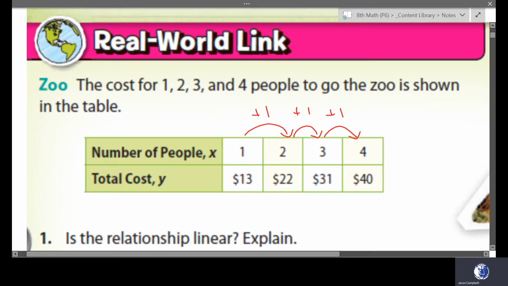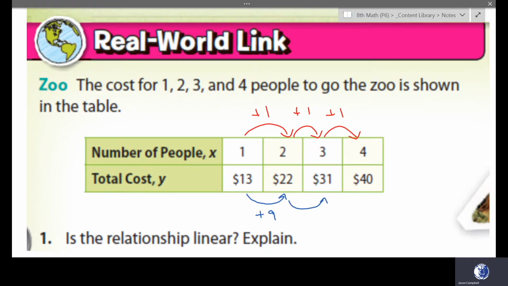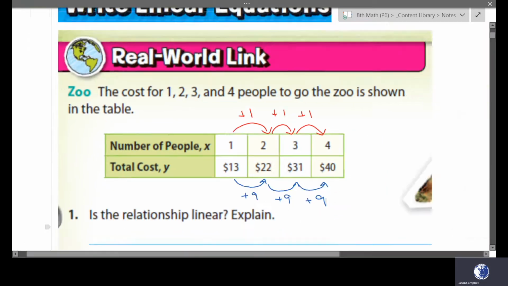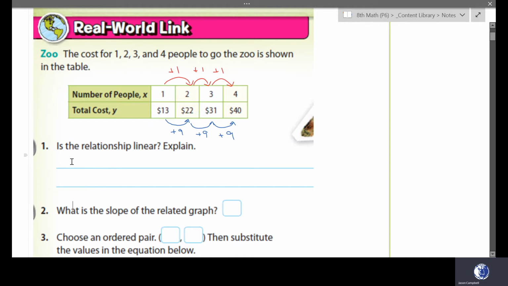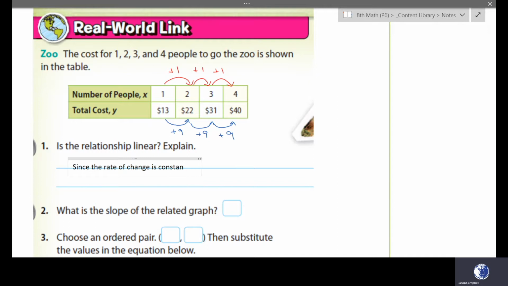When we go from $13 to $22, that's plus 9. 22 to 31 is also plus 9, and 31 to 40 is also plus 9. So, since the rate of change is constant, this is a linear relationship.